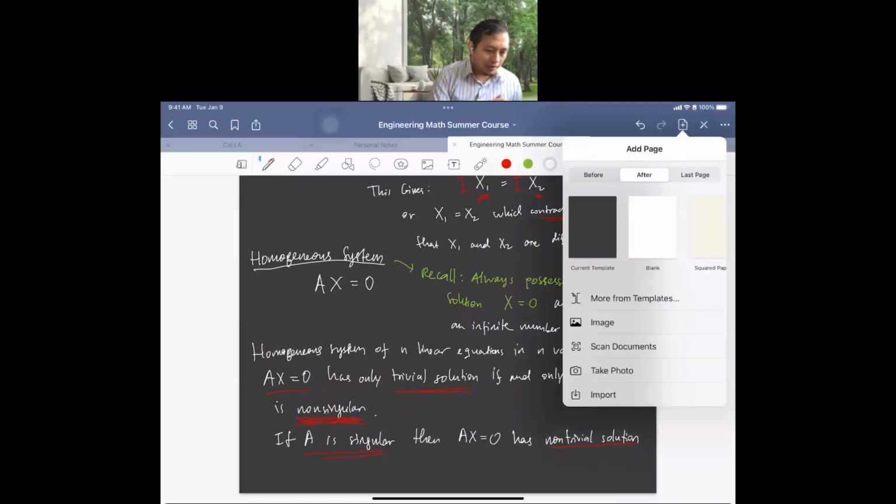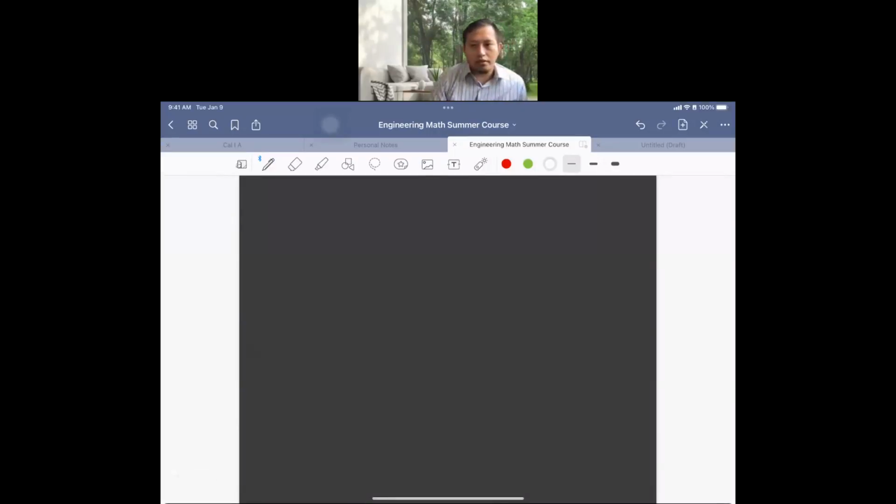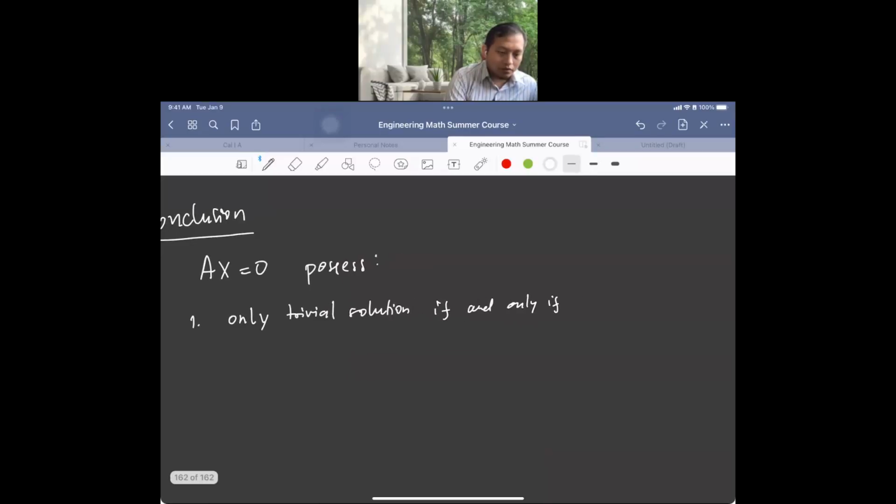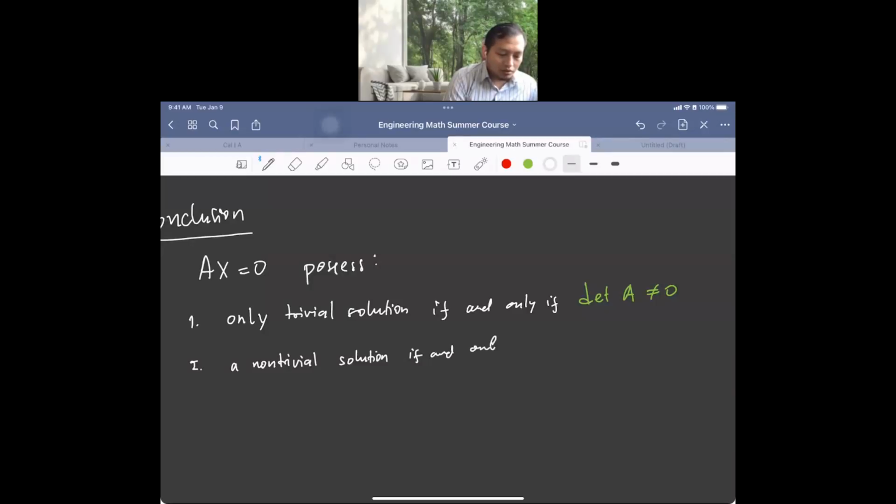Okay. Now, we can come to a conclusion. AX equals 0, the zero matrix, will possess only the trivial solution if and only if determinant A is not 0, and it will have a non-trivial solution if and only if determinant A is 0.